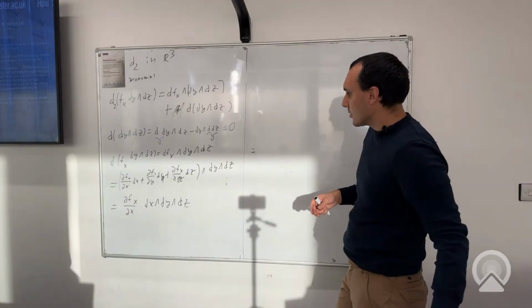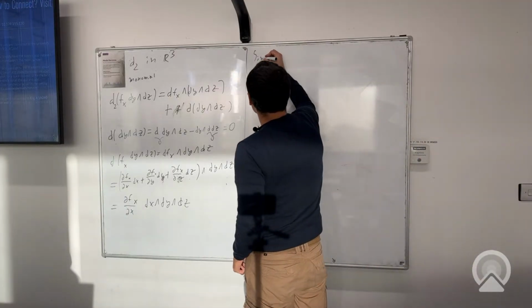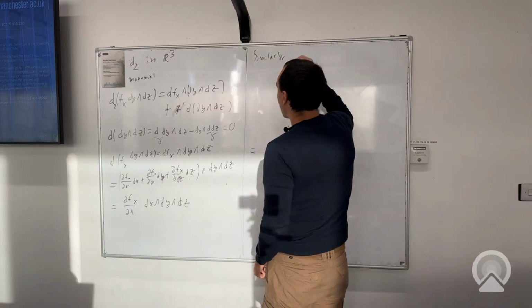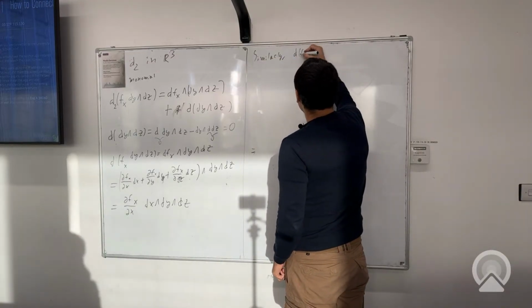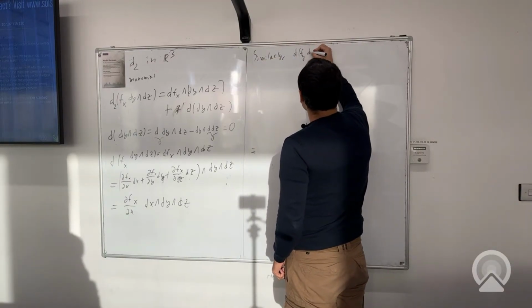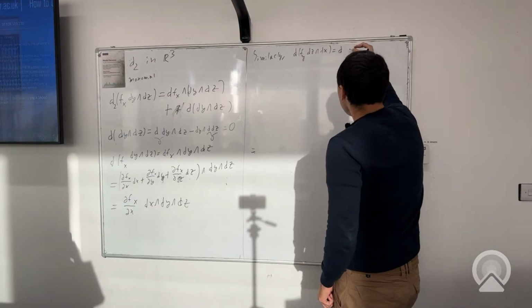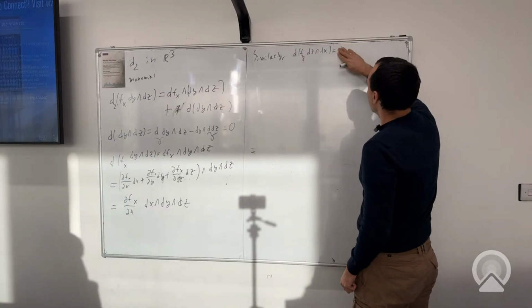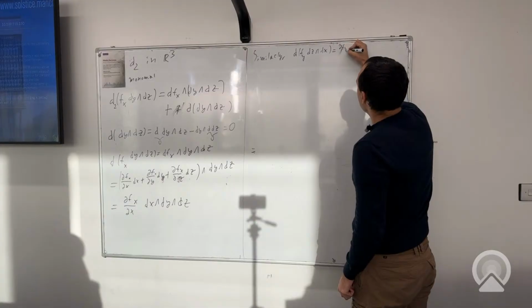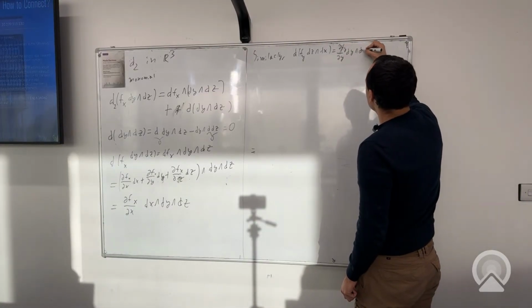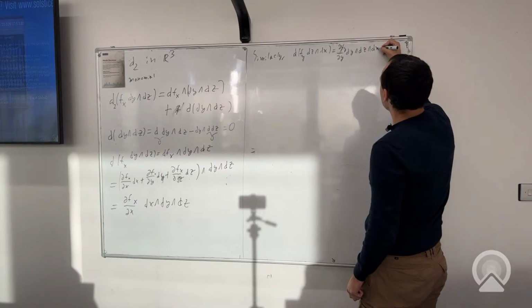Okay, so similarly, we have the following. d of f y dz wedge dx is d f y, so we have the partial of f y with respect to y, dy wedge dz wedge dx.